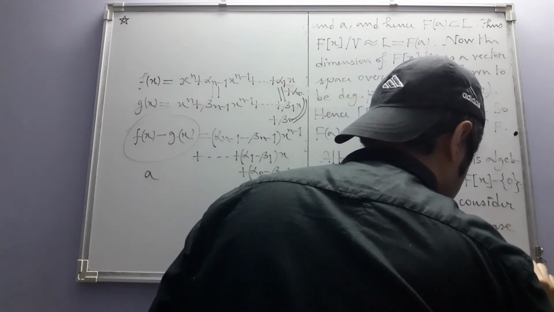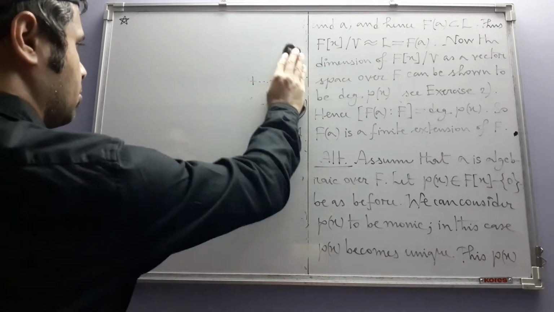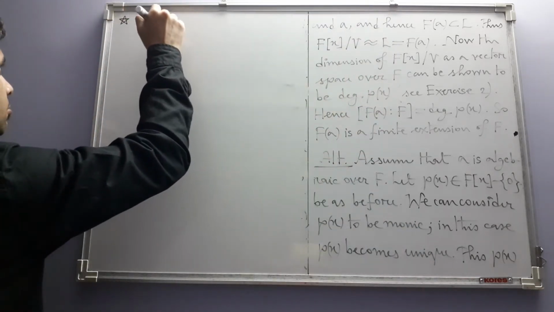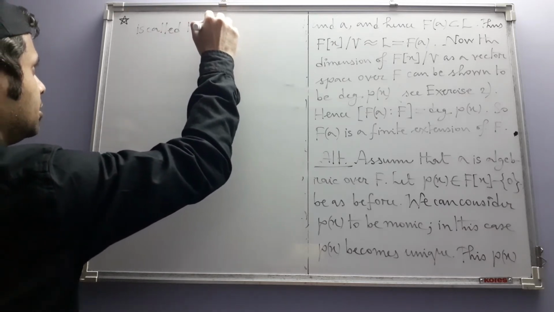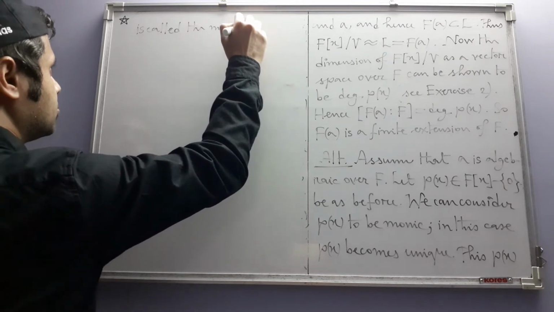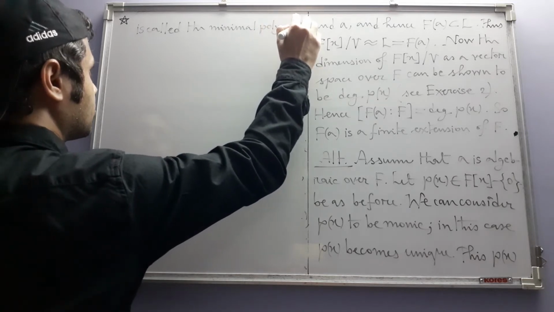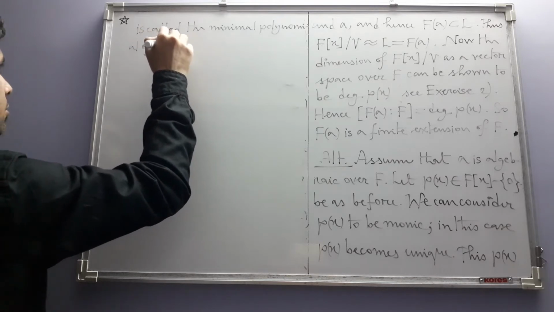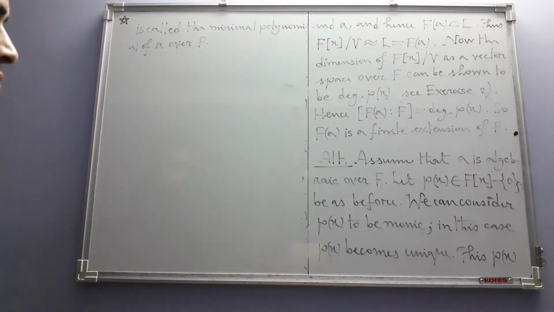This Px is called the minimal polynomial of A over F. Okay.